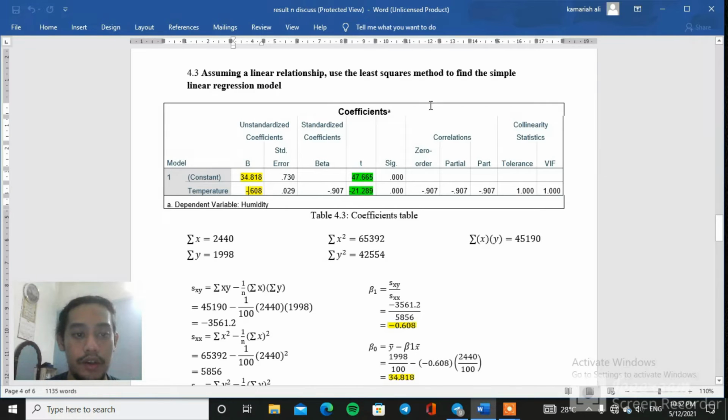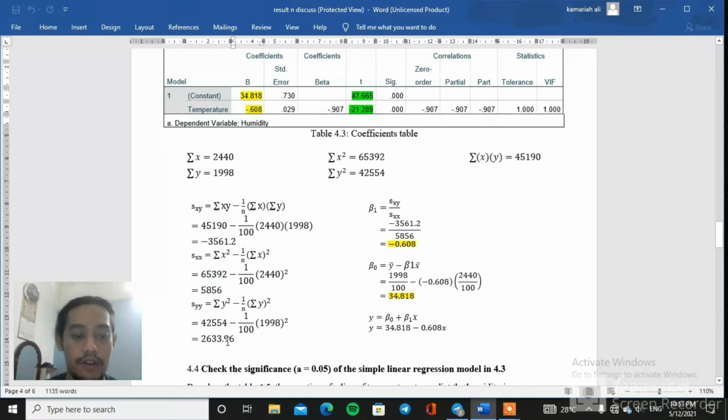So 4.3, we have to find the simple linear regression model. We have to assume a linear relationship and use the least square. So using all of this equation, we can find the beta 1 equal to negative 0.608. Here temperature is 0.608 and the constant we can get using this equation, which is 34.818.